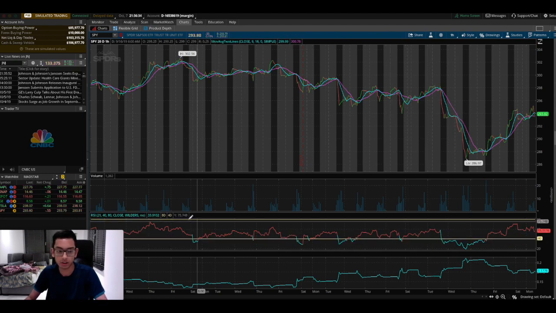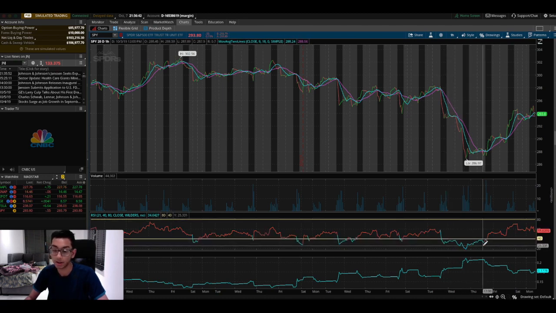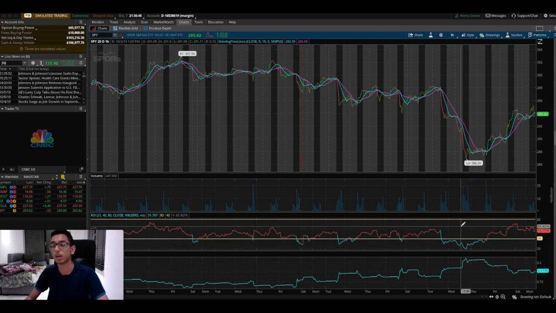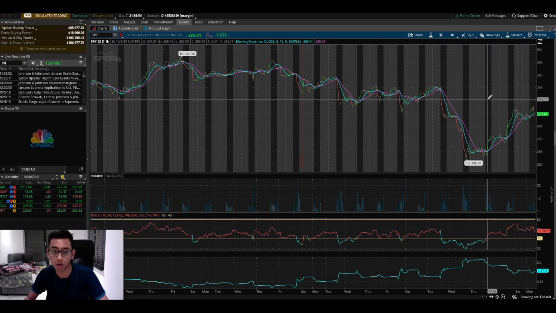Obviously, when the RSI goes below 40, that's a good signal to buy. And when the implied volatility is really high, it's good to start selling puts for the S&P 500. It's also good to know what's happening in the market, and you must have some reasons to stay bullish.